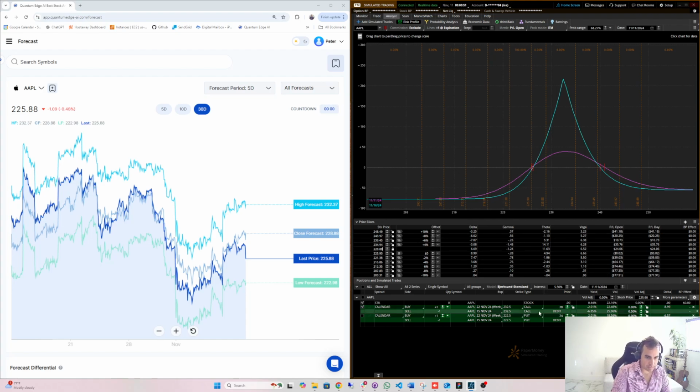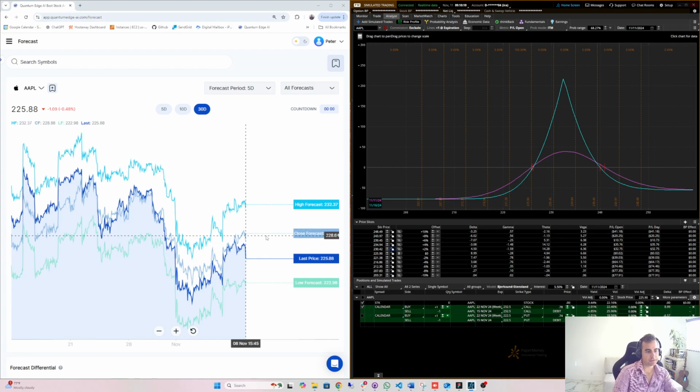So you can add those two numbers up, and that's your expected gain based upon 24 hours of theta decay and also the close forecast being a target. So that's how you want to construct this trade.